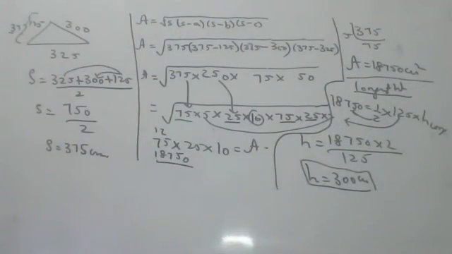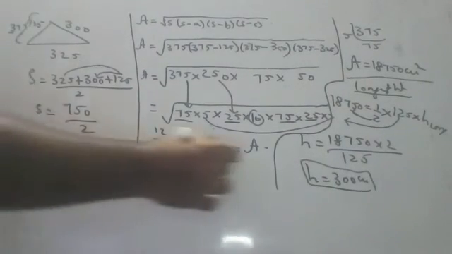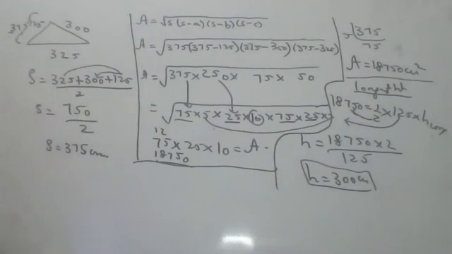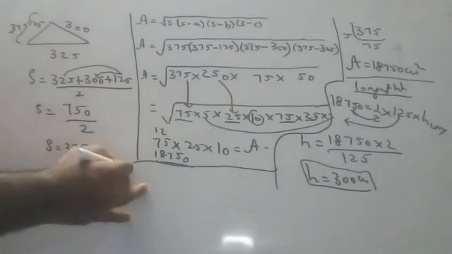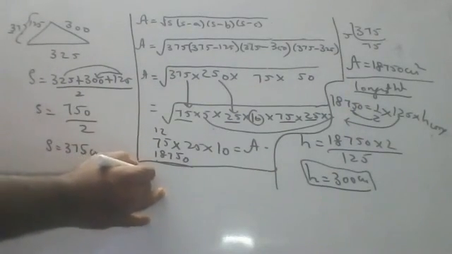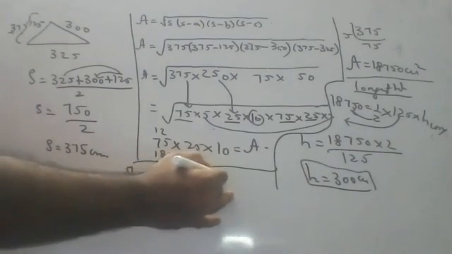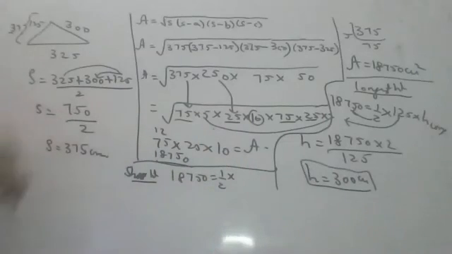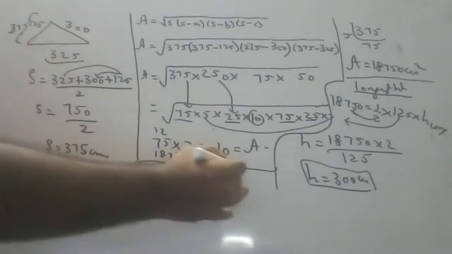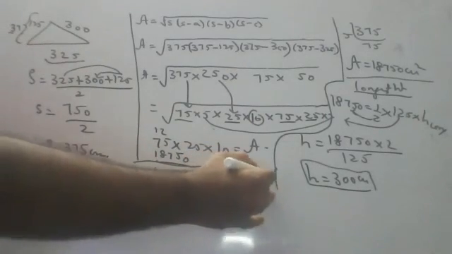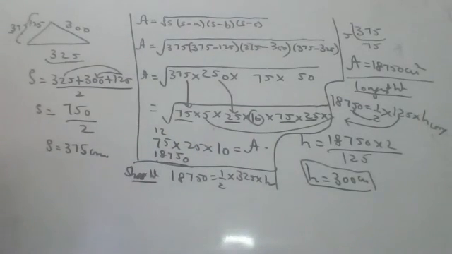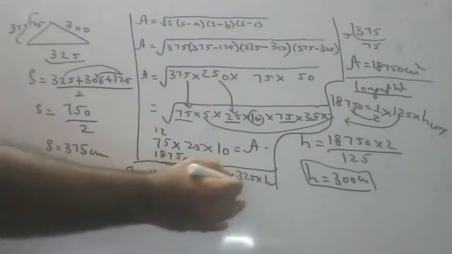Okay, children, now I want the last one, the shortest height. Harsha will tell the shortest height. What should you do? Half into base into height is equal to 18750. For the shortest height, we have to take the longest base. Then half into 325 into height is equal to 18750. This will go up, this will come down.